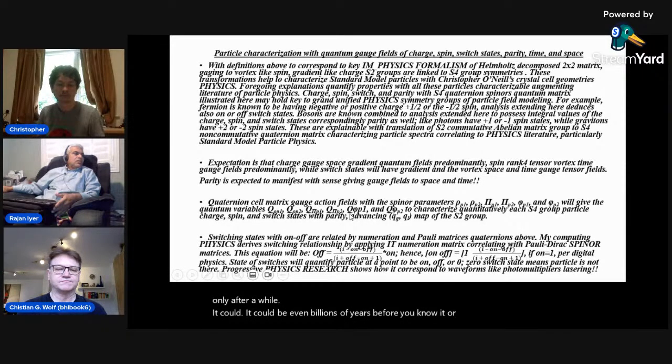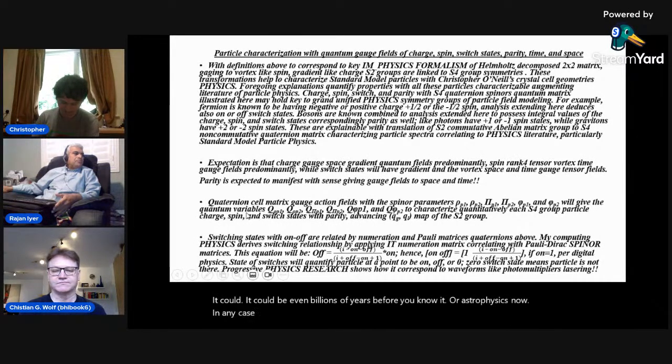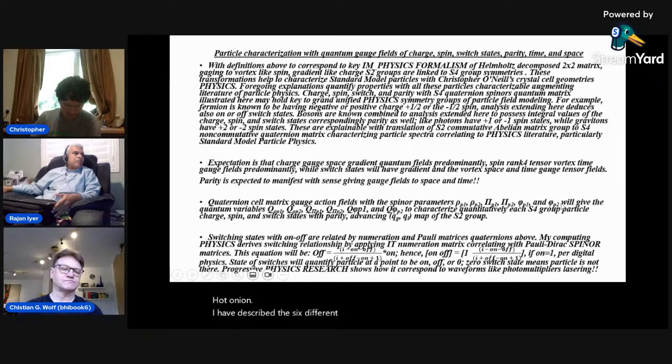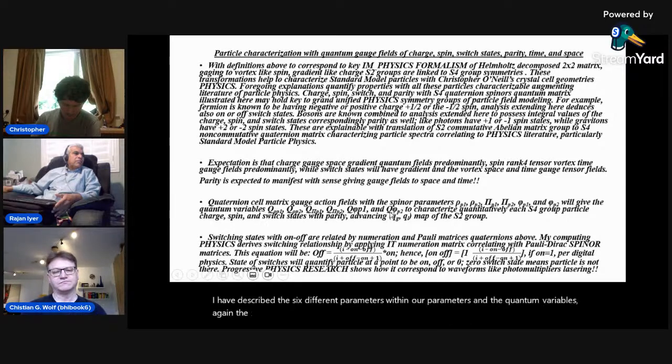In any case, in the quaternion, I have described the 6 different parameters, spinor parameters, and the quantum 6 based on the charge, spin, and the switching states.